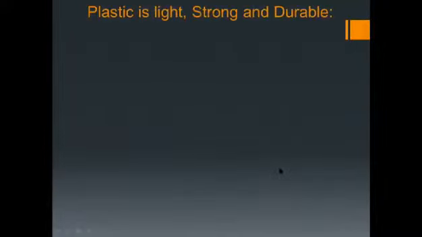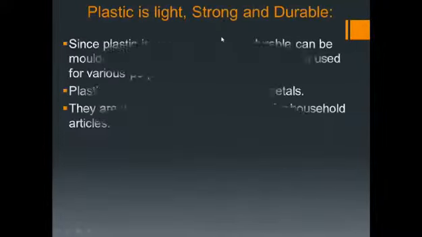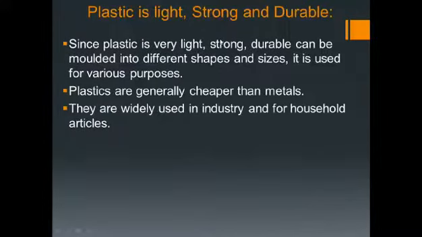Plastic is light, strong, and durable. In earlier days, our parents and grandparents used most of the household things that were made of metals, like buckets, mugs, food storage materials, etc. But nowadays, we use most things made of plastics.